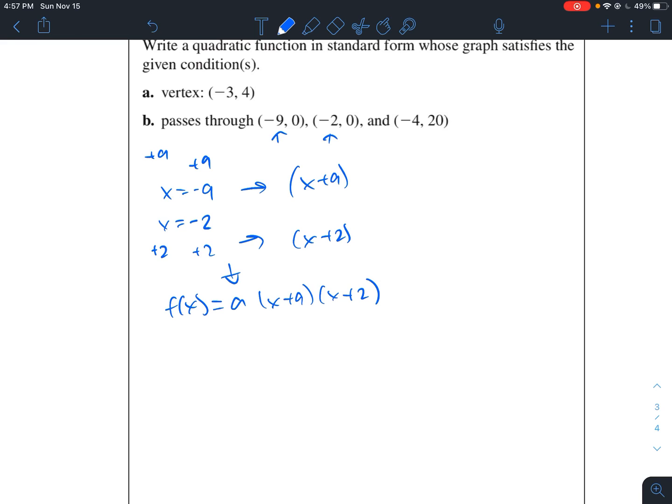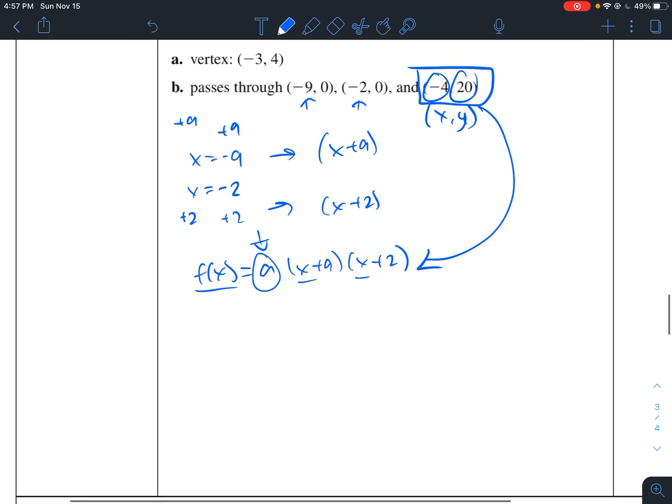We also know that we pass through this point right here. Remember that this is an x and this is a y value. So what we can do is take this x and this y value and plug them into this equation, because then we'd have x, we'd have y, and then we can solve for a.